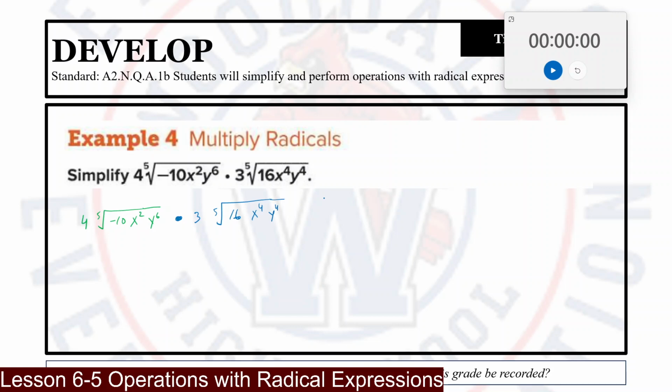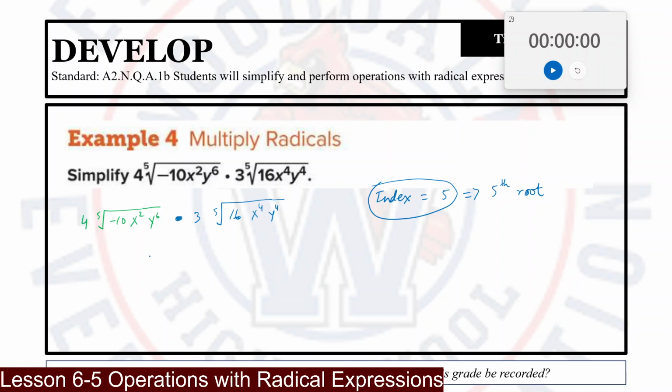Now what's the index here? The index is 5. We have to remember that the index is 5, which means we say fifth root.